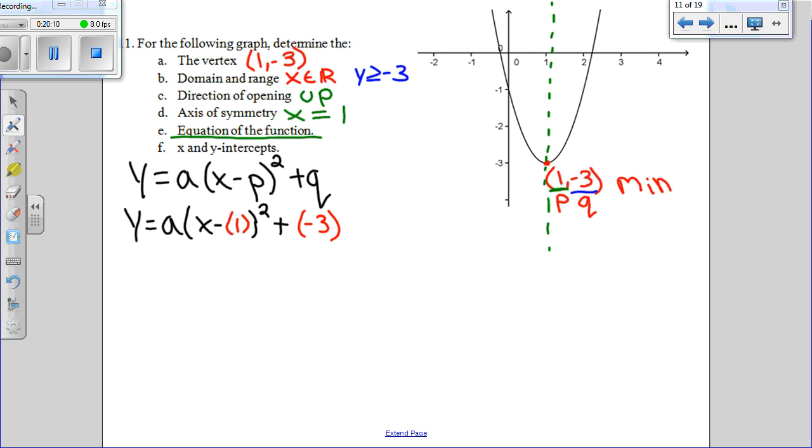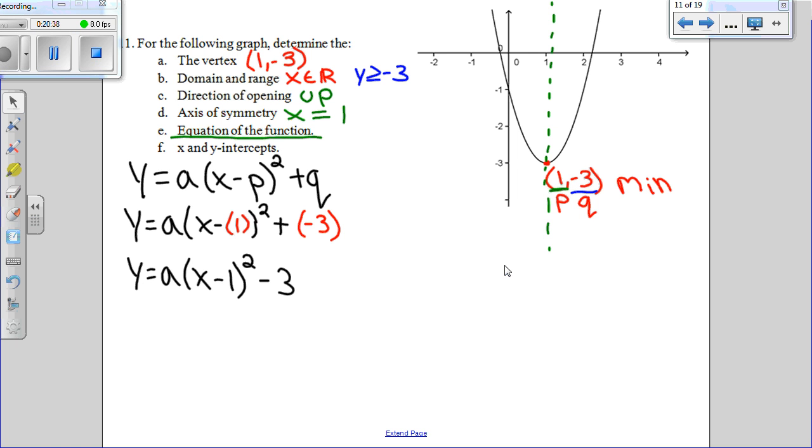Now what this did, so I simplified it. I just wrote it properly without the brackets and without the plus minus thing. What that did was create a quadratic with a vertex at -1 and -3. What it did not do is create the quadratic that's in the picture.